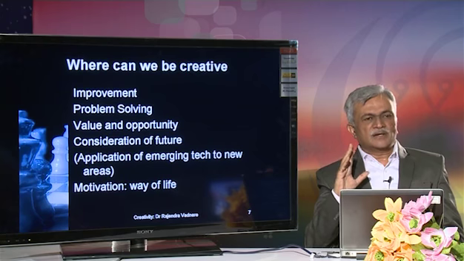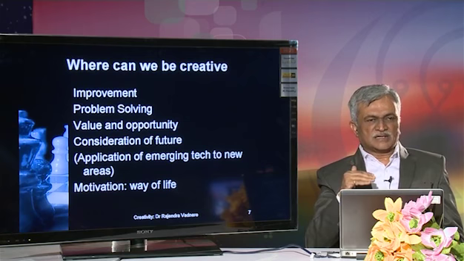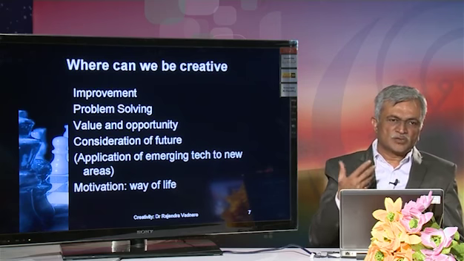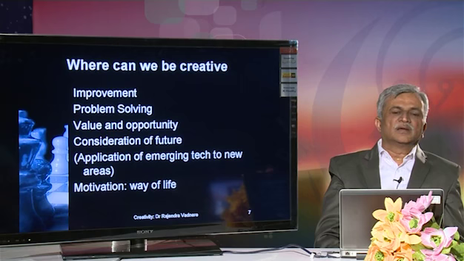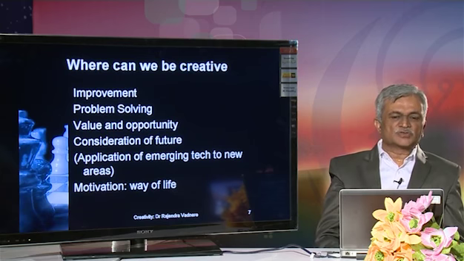We can create things in our mind about the future also, that certain things are going to take place, certain things may be possible, and if these things become possibilities, how it is going to affect the future, how it is going to open up new areas, new opportunities which can be very fruitful. So, consideration of the future is also an area of creativity.